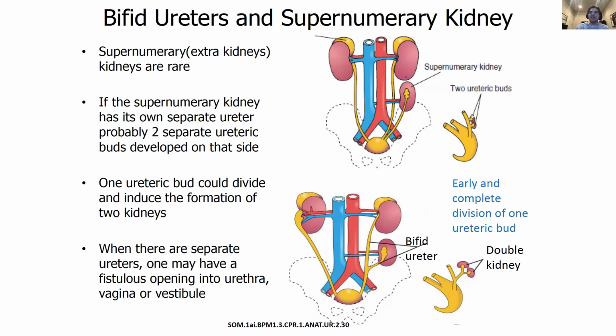Because if that's the case, then it was more of two separate uteric buds coming off of that stalk, okay? And that's why you get two separate ureters. But in here, you can see this is more of a later branching. So it's more like a bifid ureter, right? So you had that original ureter that comes off of the bladder, but then it separates. So this is more of a late division.